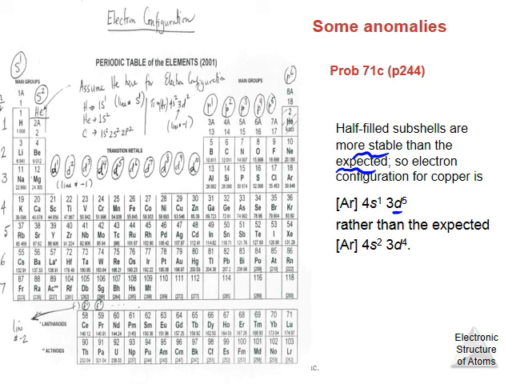The electron configuration is given here as 4s1, 3d5, and you're supposed to identify the element. Why is this stable, why can you even expect this kind of electron configuration? Because you have degenerate 3d orbitals. There are 5 orbitals there, and they're all singly filled.